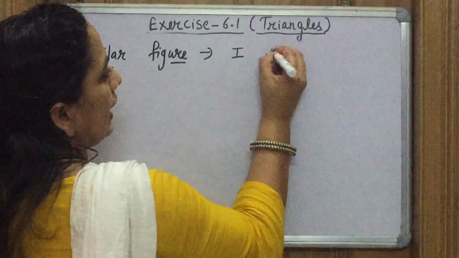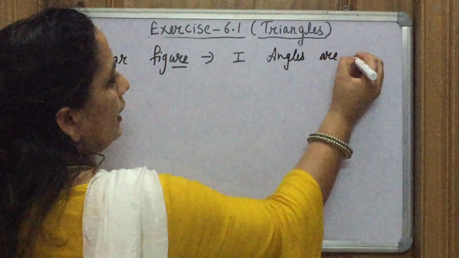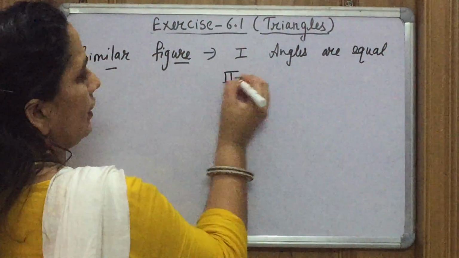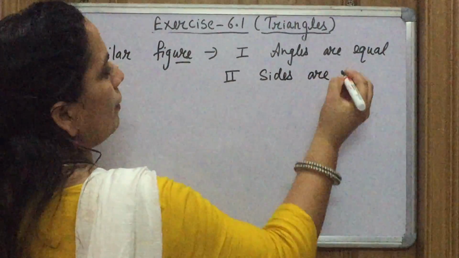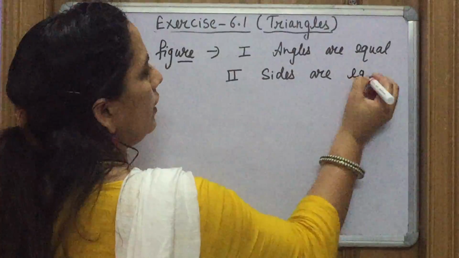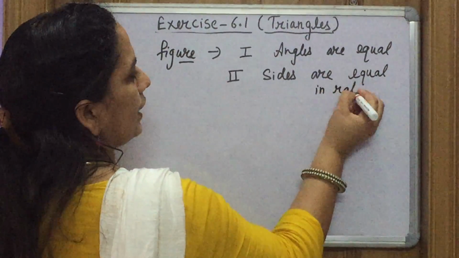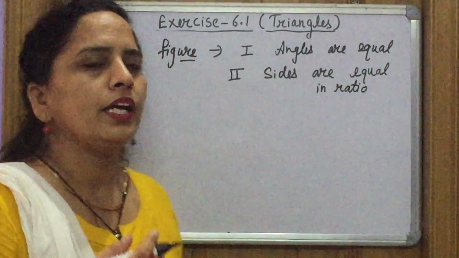First, angles are equal, and second, sides are proportional, or we can say sides are equal in ratio. We can say proportional or we can say sides are equal in ratio.